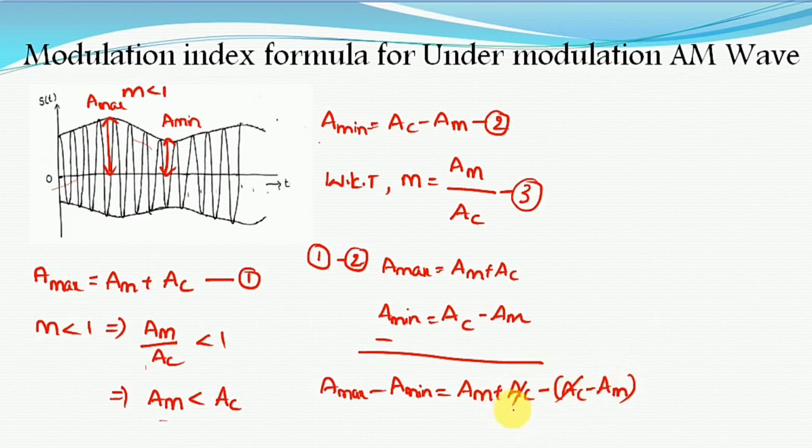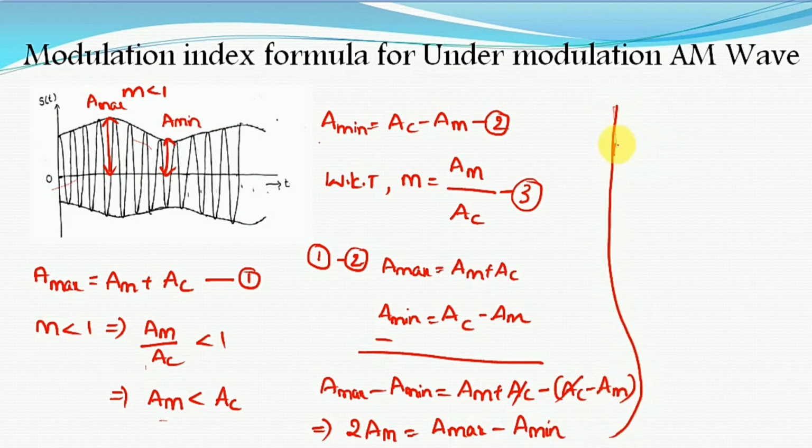So Ac gets cancelled. Finally you will get 2Am is equal to A max minus A min. So finally Am is equal to A maximum minus A minimum by 2. So this is the value of Am.